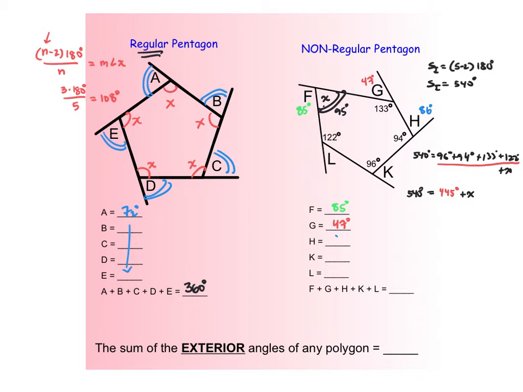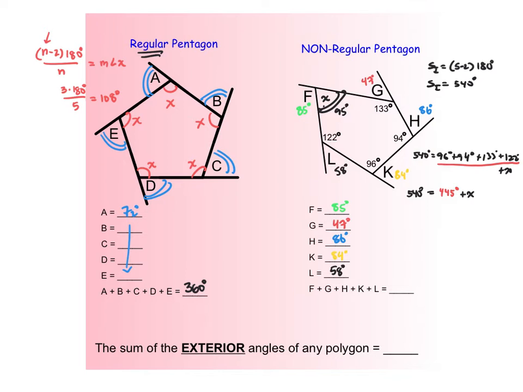That'll mean H is 86. K is going to be supplementary with 96. That means K will be 84. And L will be supplementary with 122, which will mean that L is 58.